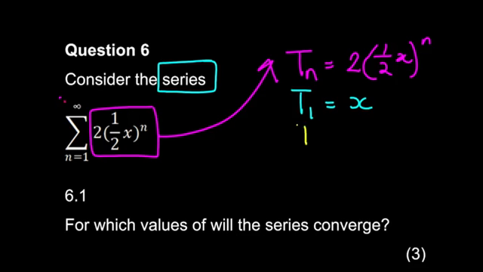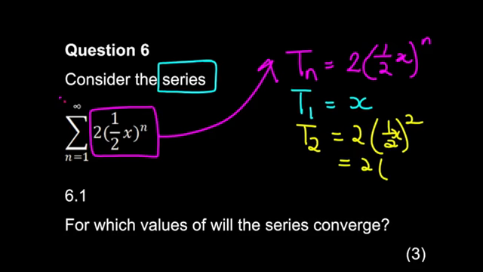T2 would be 2 times a half x squared. I'm not even going to expand it, just so that you can see the pattern. Over here, I'm also not going to expand it, just so that it's more visible to us what is actually happening. So this is a half x to the 1.